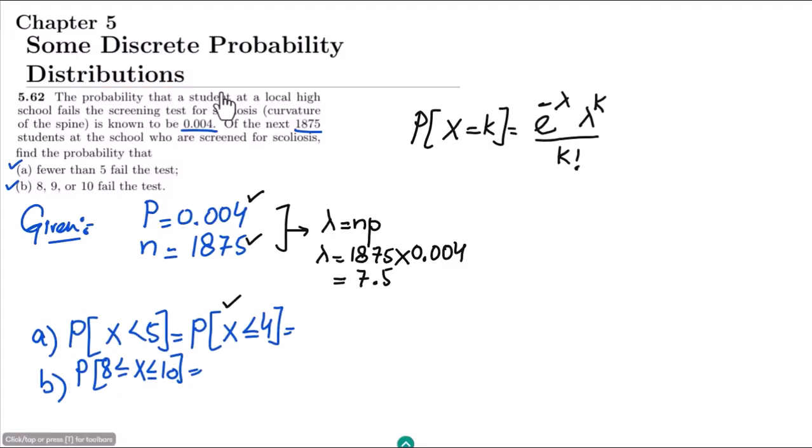Apart from it, we can use the Poisson CDF table as well. So let me move to the Poisson CDF table where the value of lambda is 7.5, and we want to find it for the value of x or k which is less than or equal to 4.